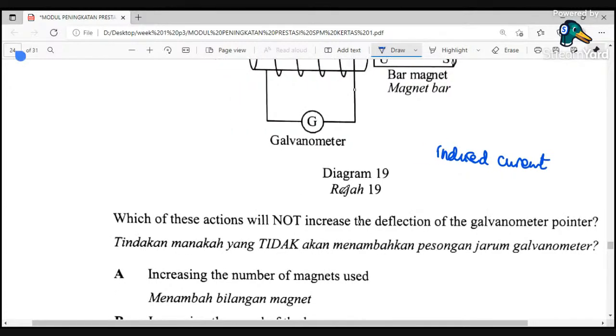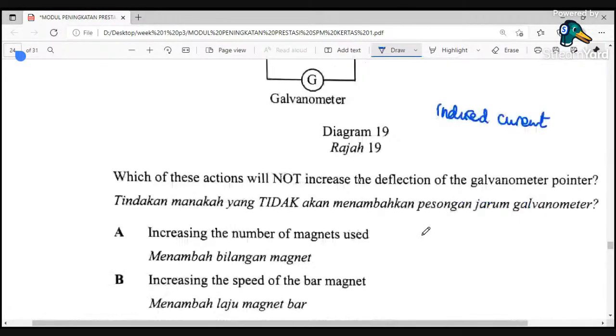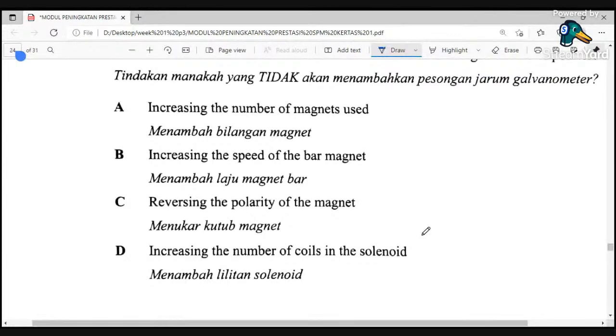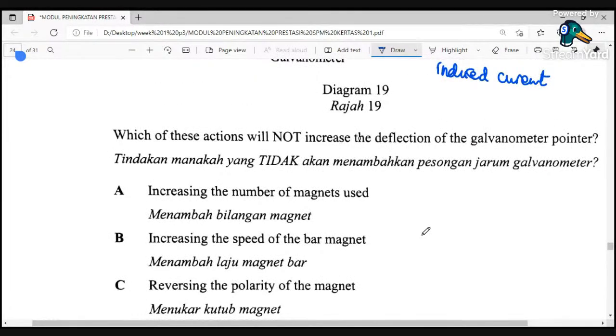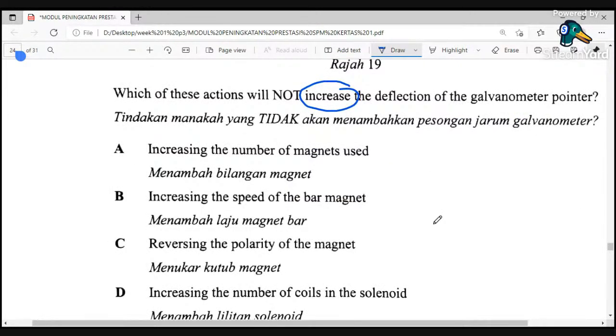Okay, yang manakah tidak akan menambahkan? Not increase. So to increase induced current, you must look at the factor that affect induced current. Apakah faktor yang mempengaruhi? Okay.